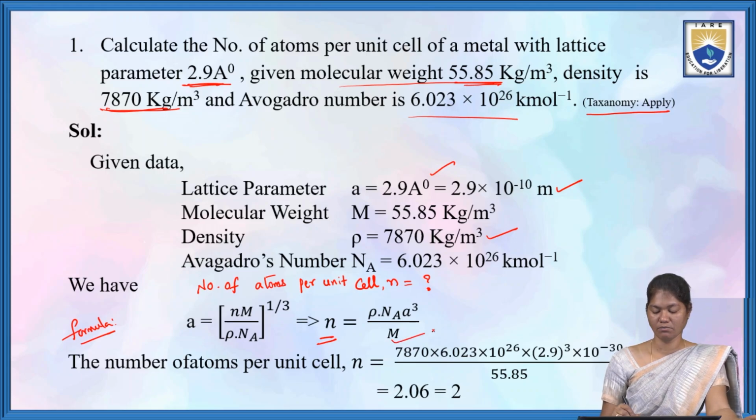So M is the molecular weight, Na is the Avogadro's number, A is the lattice parameter, and rho is the density.